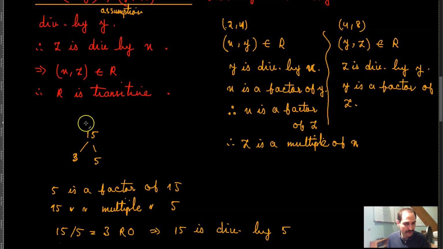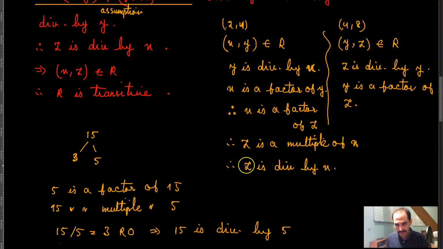So the number which is the multiple is actually divisible by the factor, but not the other way around, meaning that you cannot say that 5 is divisible by 15. It's actually not divisible, right? So what that means is that when I say that z is a multiple of x, then I can say that z is divisible by x.